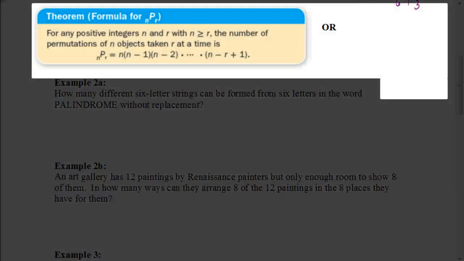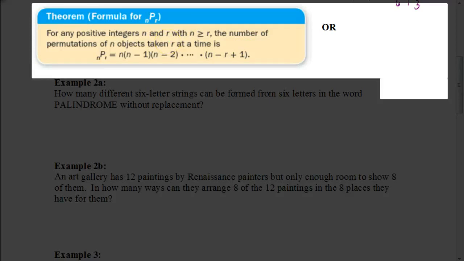This theorem is going to help us figure out how to determine the answer when we're dealing with a permutation, where again, n represents the total number of objects, and r represents how many of those objects you're going to be taking at a time. Now this looks a little complicated, and I'll show you how to use this particular method, because it'll be important to know for a future example.